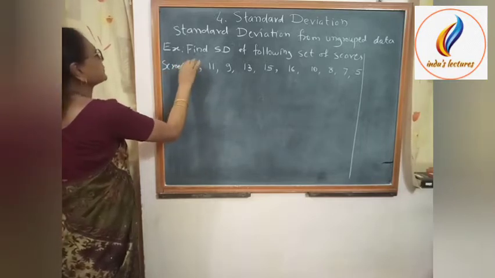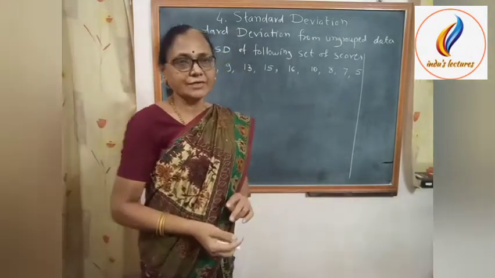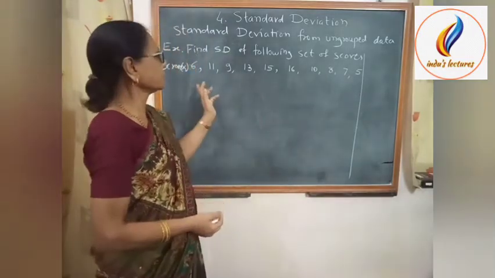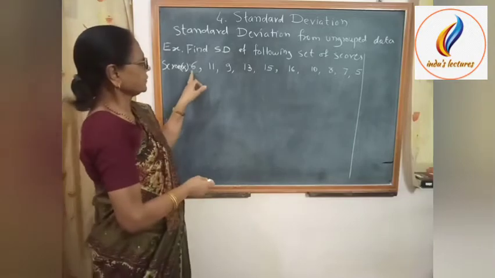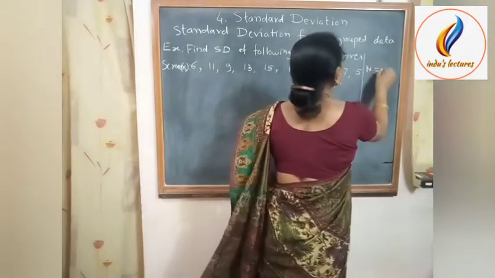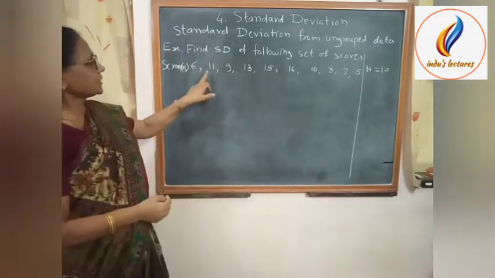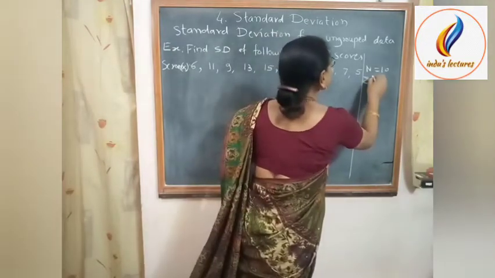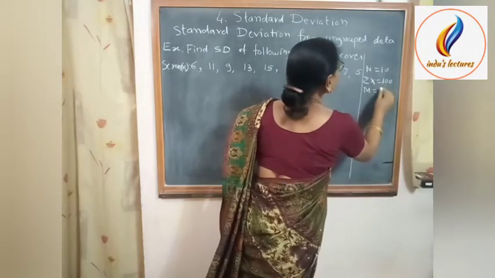We have to take the deviation of each score from the mean, so first we calculate the mean. The number of scores is 10. The sum of all scores, summation x, is 100. So its mean is 10.